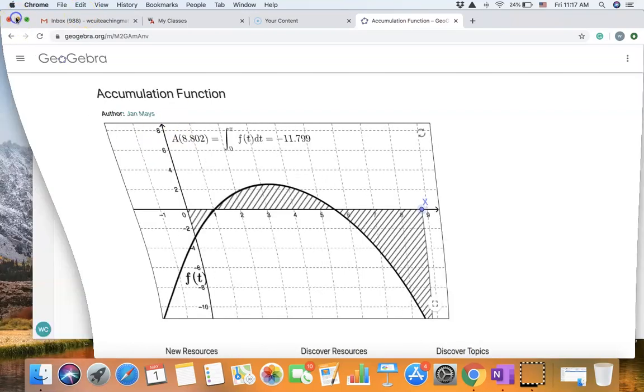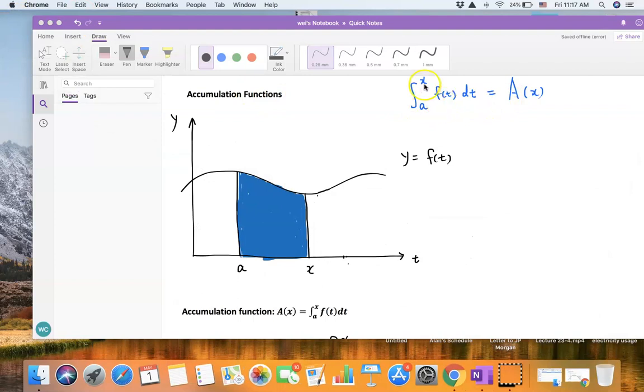So we cannot say that the accumulation function is always an increasing function or a decreasing function. The function value depends on the graph of the function f of t. In this case, since f of t is always above the horizontal axis, as we increase x, we always have a positive area added up.